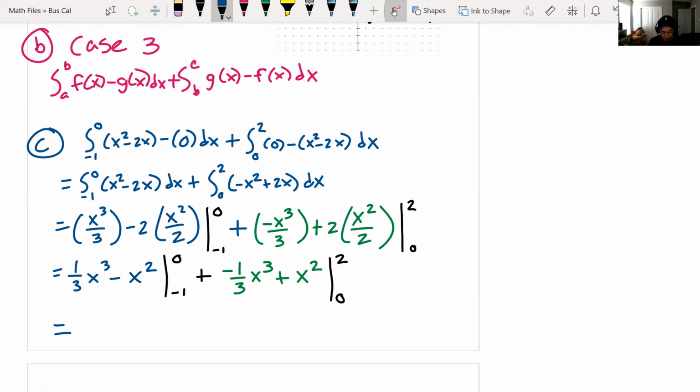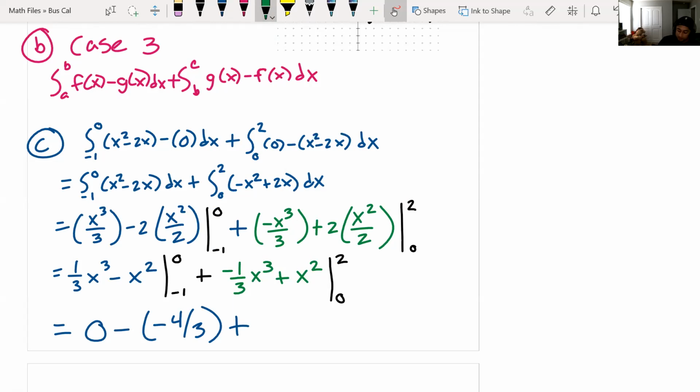If I type in 0, I get 0. So this gives me 0 minus, if I type in -1, I get -4/3. Plus, this is -1/3 x cubed plus x squared.